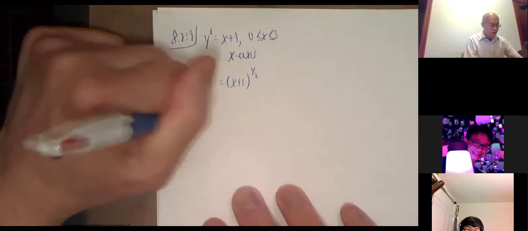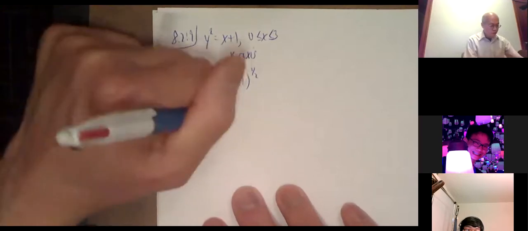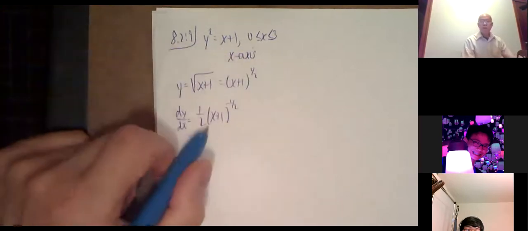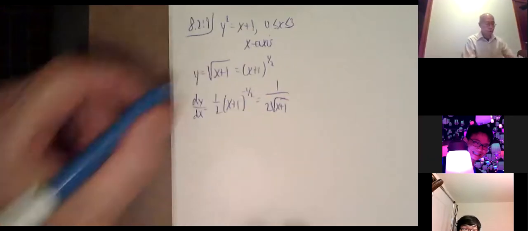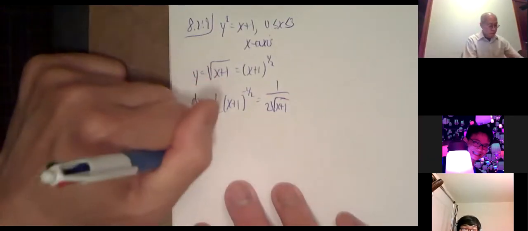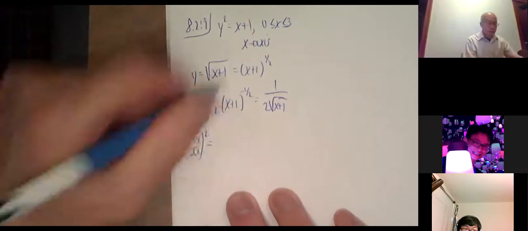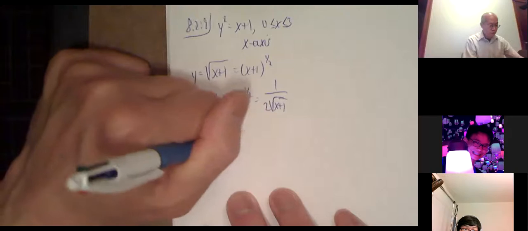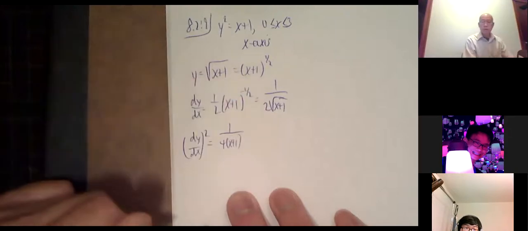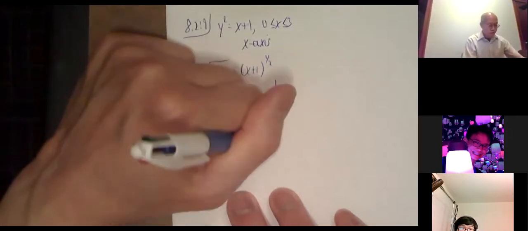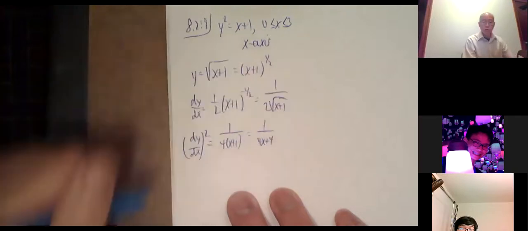So dy dx is 1/2 x plus 1 to the negative 1/2 times the derivative of the inside, which is just 1. It's 1 over 2 radical x plus 1. I'm supposed to square it. So if I square this, I have 1 over 4 x plus 1, which is 1 over 4x plus 4.